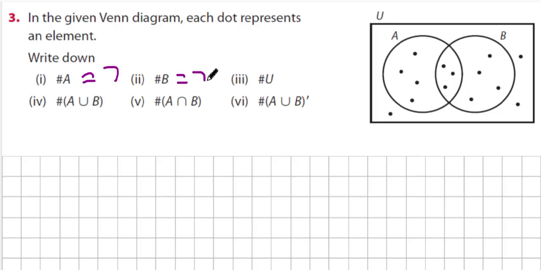7 in B. U means the big rectangle. Everything in the big rectangle, including the two circles. 1, 2, 5, 6, 7, 8. I got 14.